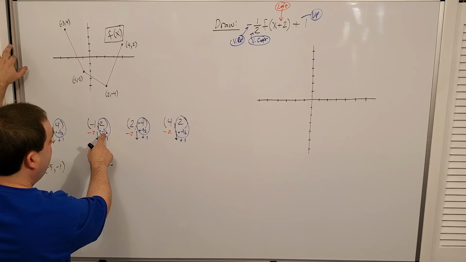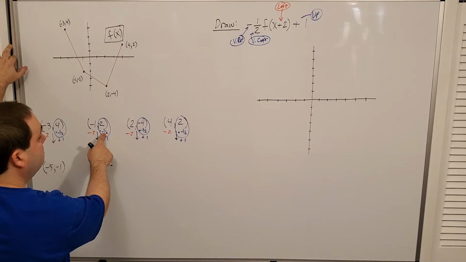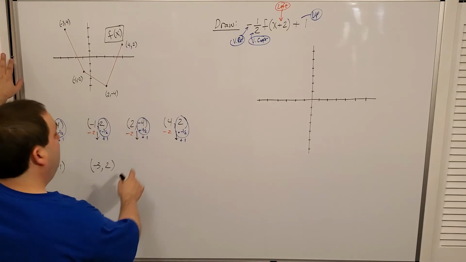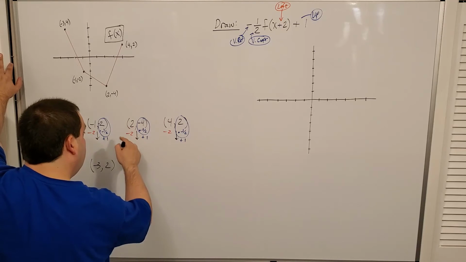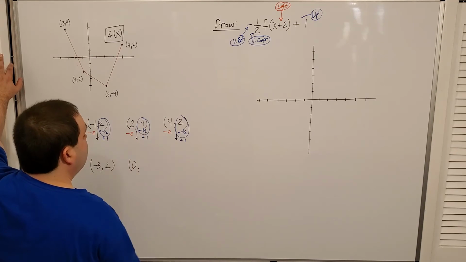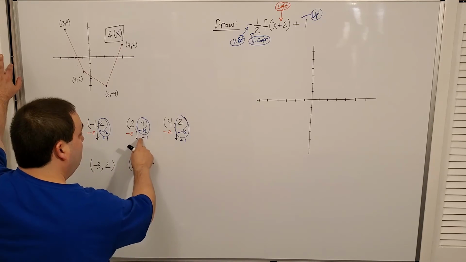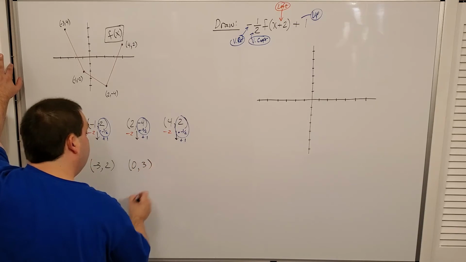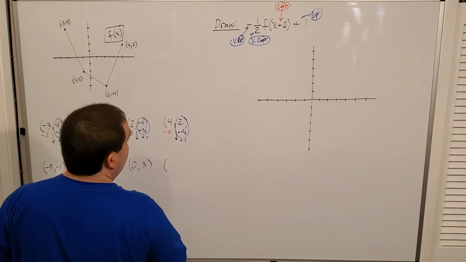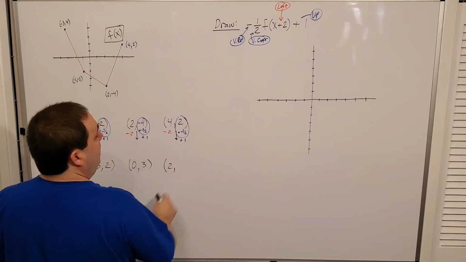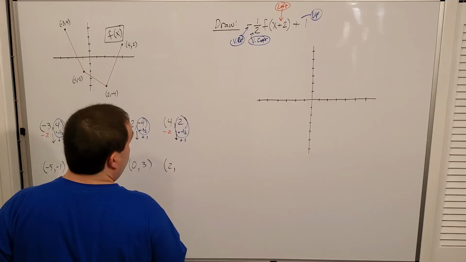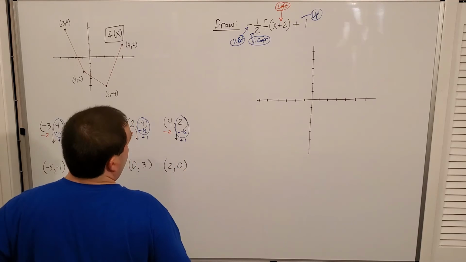Negative 2 times negative 1/2 is 1, plus 1 is 2. Then here, I've got 2 minus 2 is 0. Negative 4 times negative 1/2 is 2, plus 1 is 3. Then right here, 4 minus 2 is 2. And then 2 times negative 1/2 is negative 1, plus 1 is 0.